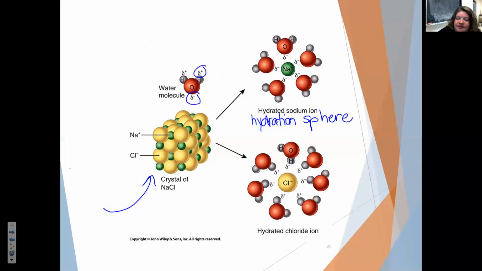What happens when we form this hydration sphere is that the partially negative parts of water surround the positive ion. The partially positive aspects of the water surround the negative ion. And that helps to pull these ions apart.